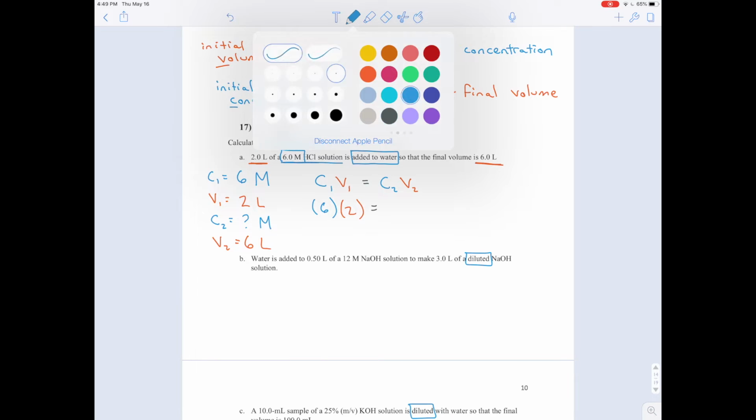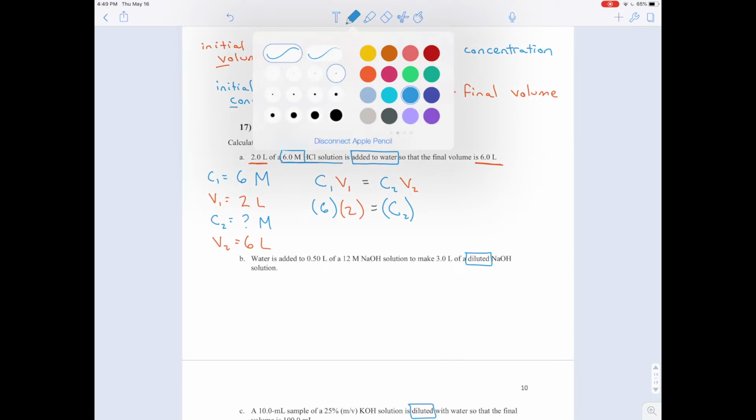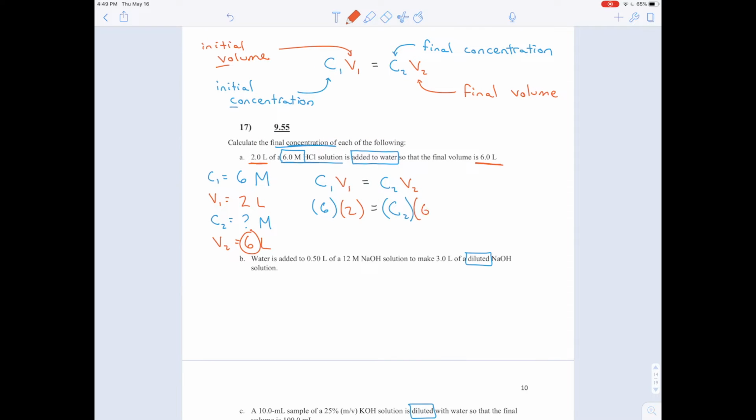Instead of C2, we just keep it C2 because that's what we're solving for. And then instead of V2, we can write 6. So what we have here is 12 equals C2 times 6. Divide both sides by 6, cancels on the right, and you have C2 equals 12 divided by 6, that's 2. And because we plugged in molar, we're going to get molar out, so 2 molar. So the concentration after the dilution is 2 molar.